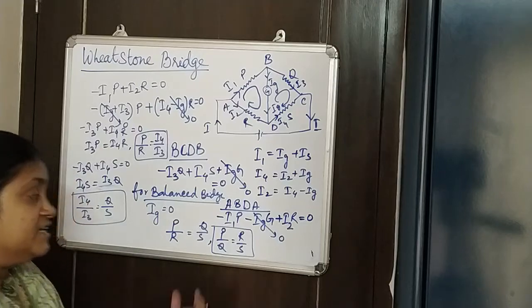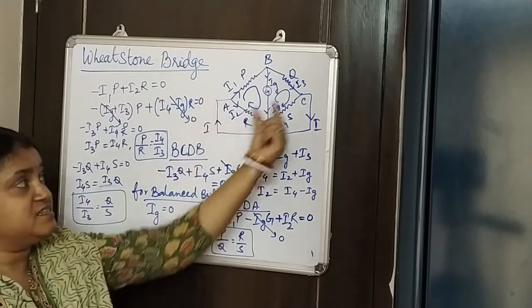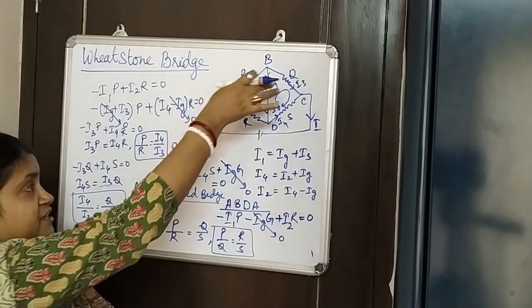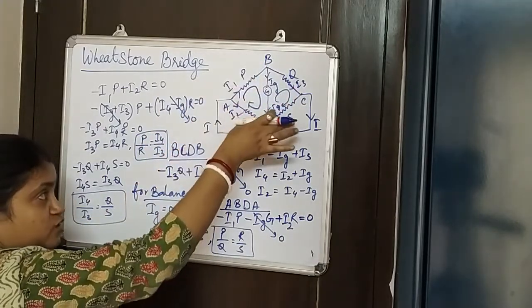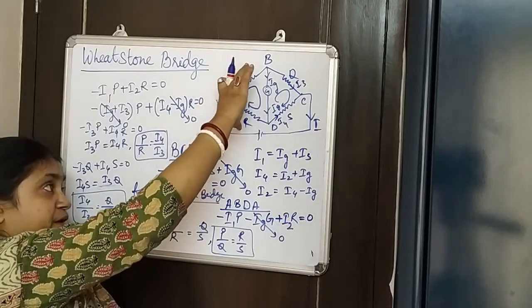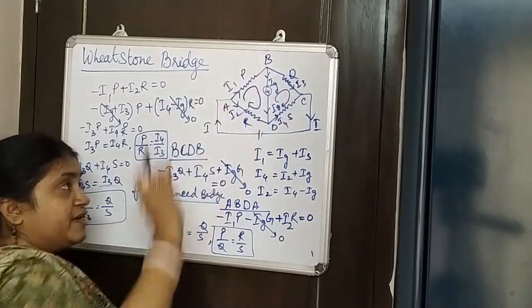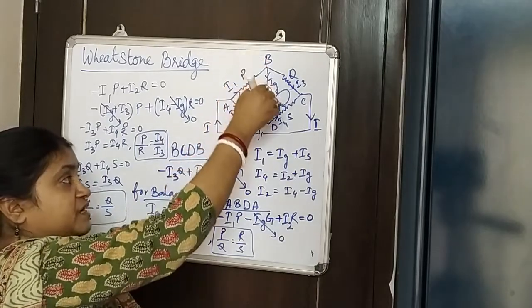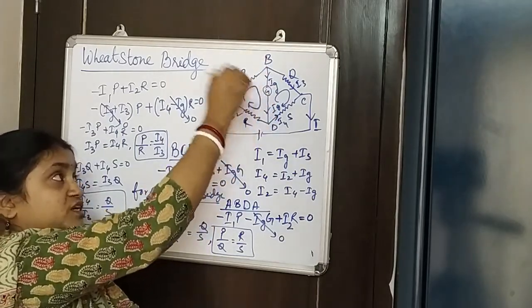So when these ratios of the resistances are equal, that is, the P by Q ratio is equal to R by S, or the P by R ratio is equal to Q by S, then in that particular condition there won't be any current flowing through the galvanometer.